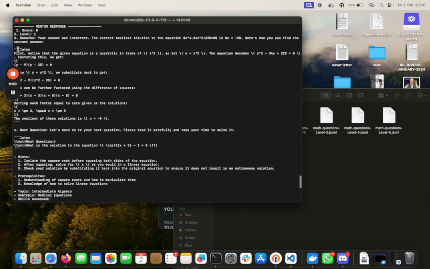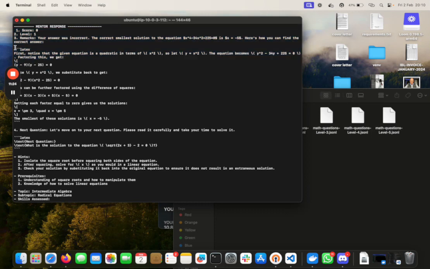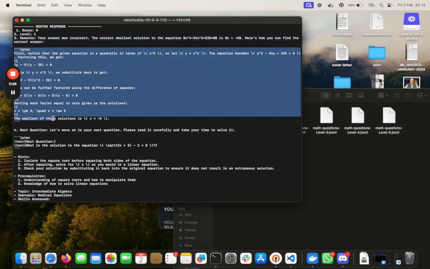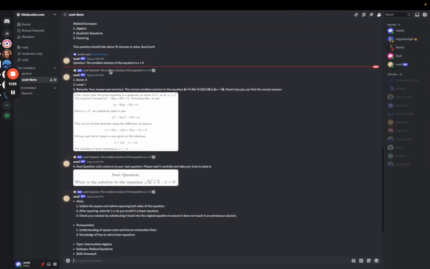And if you go through this response, a score of 0, and it contains LaTeX code that should tell me how to solve this question. So this is converted into LaTeX code on Discord.